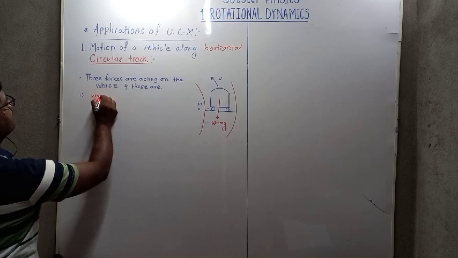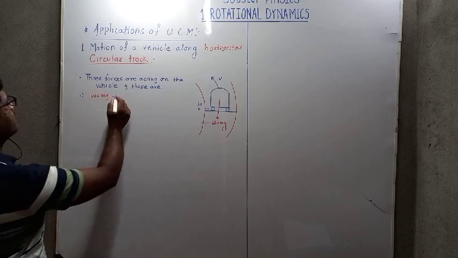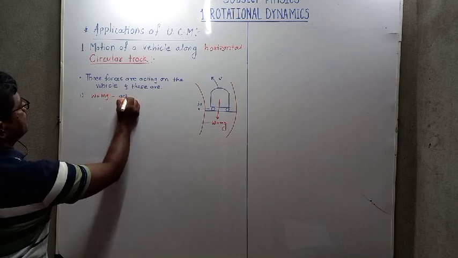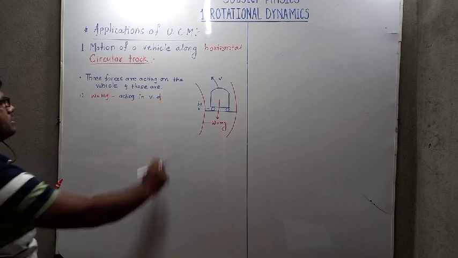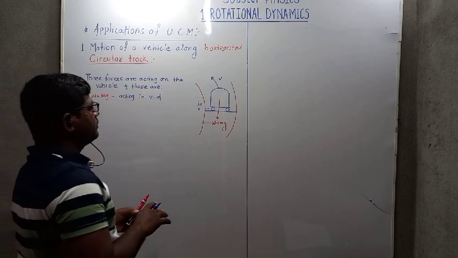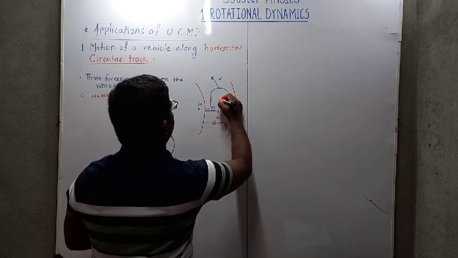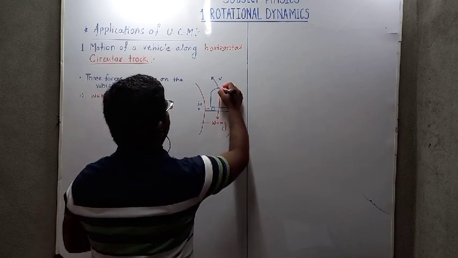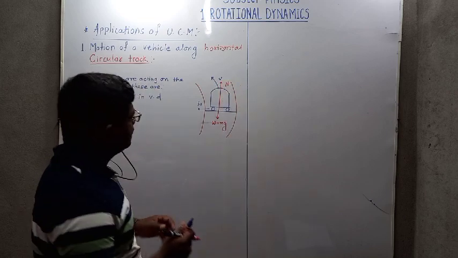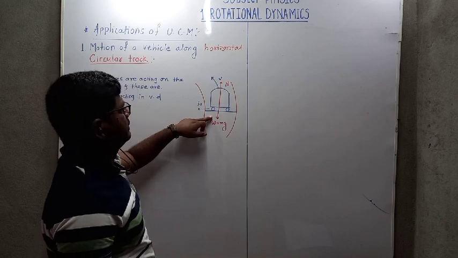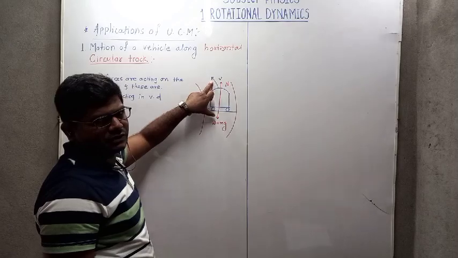W is equal to mg, that is the weight, acting in the vertically downward direction. Now the second force acting on the vehicle is the normal force, or normal reaction, N. The direction of weight and the direction of normal reaction are exactly opposite.